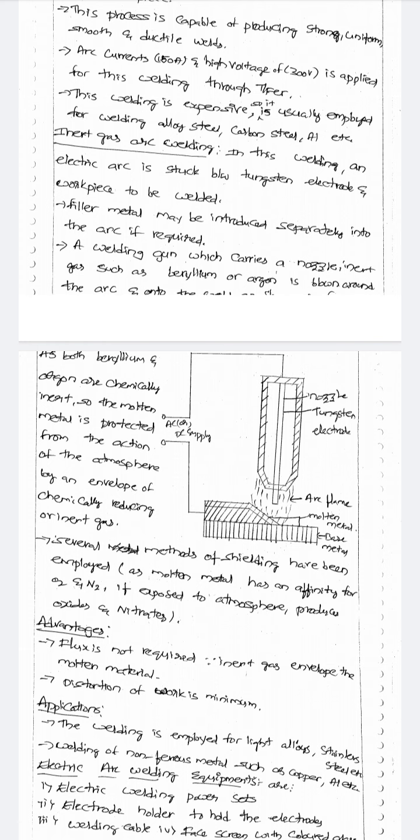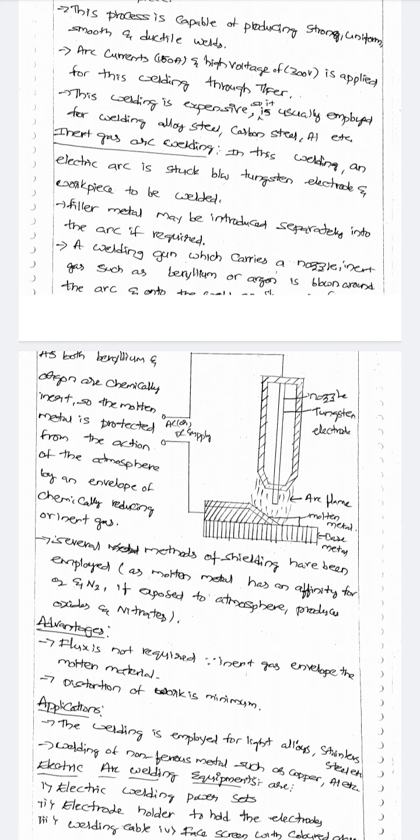The next classification is inert gas welding. In this welding, an electric arc is struck between a tungsten electrode and the workpiece to be welded. Filler metal may be introduced separately into the arc if required.